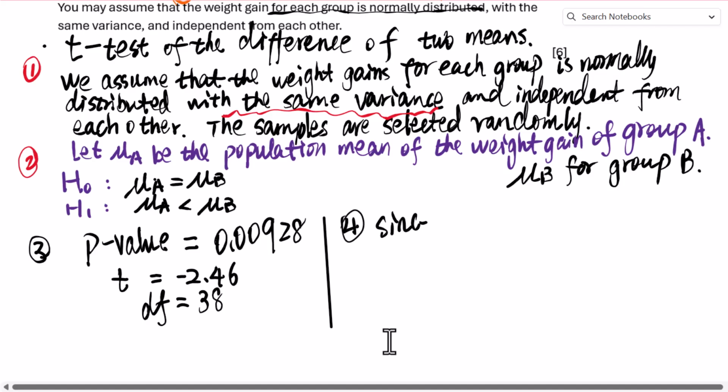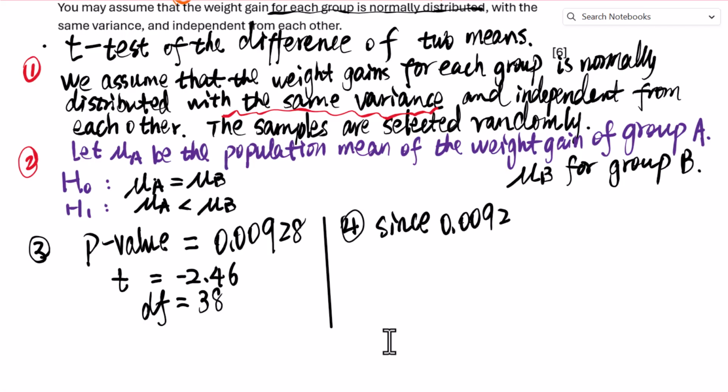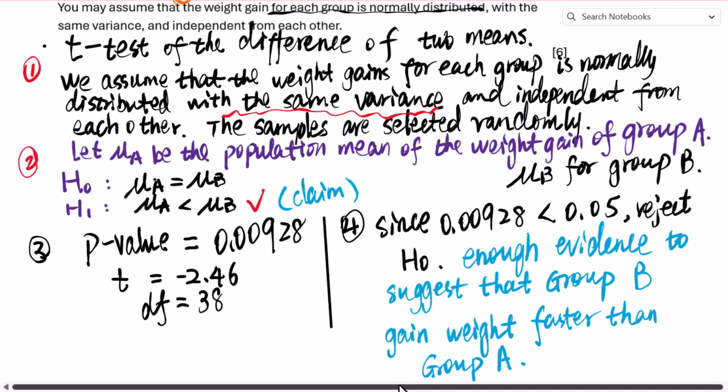Since 0.00928 less than 0.05. Reject H0. Enough evidence to suggest that Group B gained weight faster than Group A.